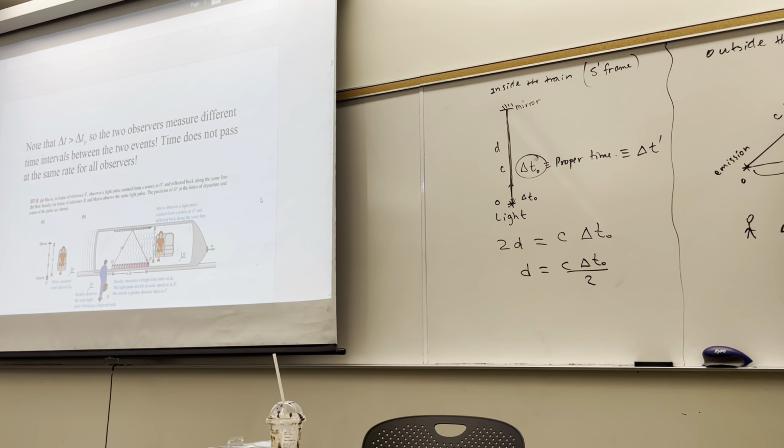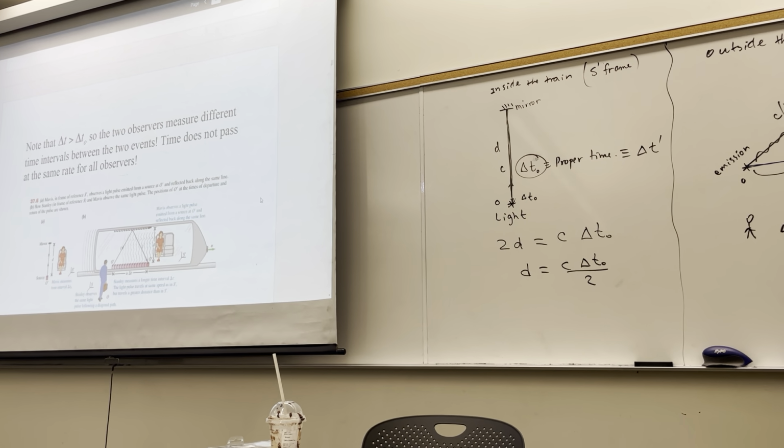This distance is the speed at which the light travels, which is c, multiplied by how long it took to go from here to there, which is half of the whole delta t. The light goes this way at speed c, but the train is not moving at the speed of light. The train is moving at speed u.